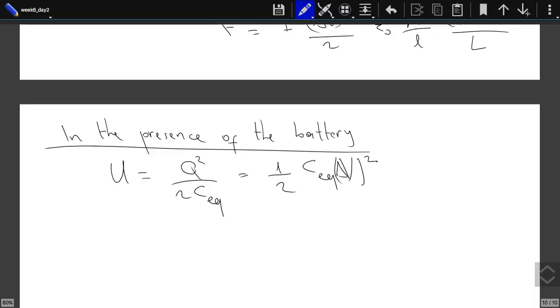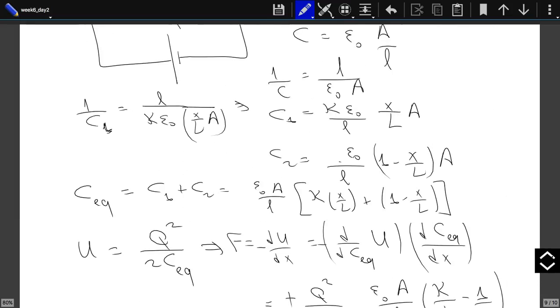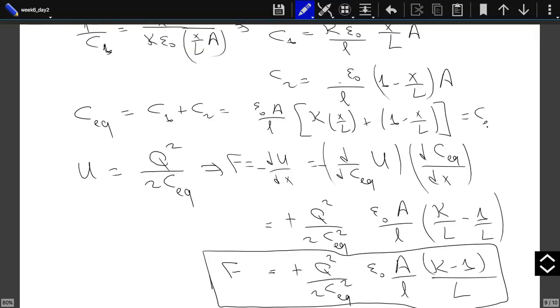And that tells me that the force, which is minus dU by dx, is equal to minus 1 over 2 delta V squared times dC equivalent by dx, where C equivalent is given over here.